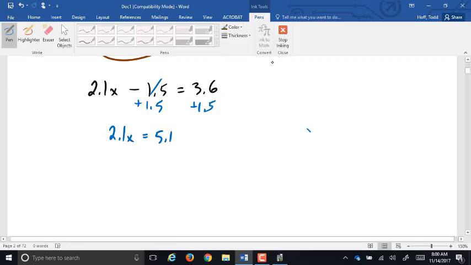And then we divide by 2.1. X equals 2.428574143 approximately. Round it to 2.43. That works. 2.43 works. Technically, it's 2 3/7.